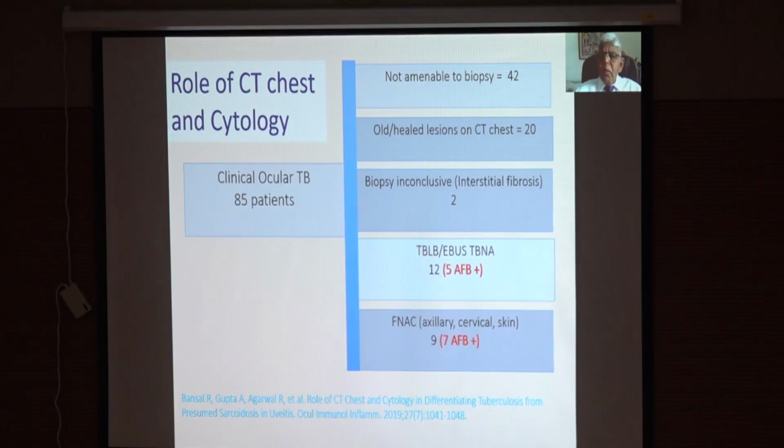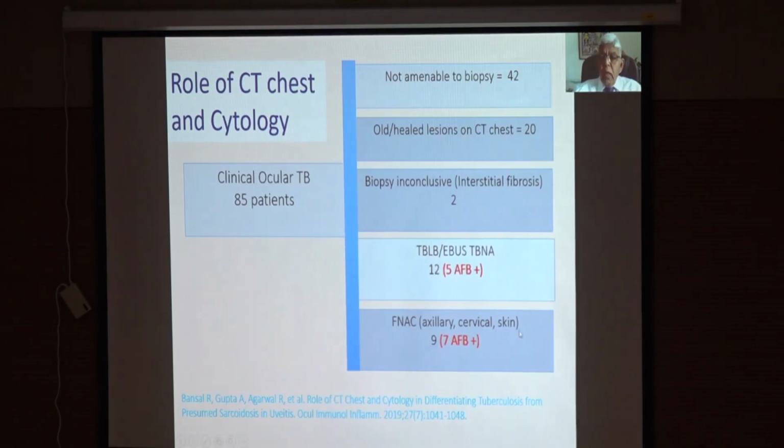So only in about a quarter of these patients, when we did the biopsy using even very sophisticated techniques like EBUS, that is the endoscopic ultrasound guided transbronchial lymph node aspiration with a fine needle, or from other lymph nodes that were available, we found that this was positive.